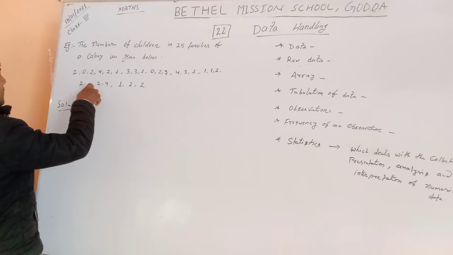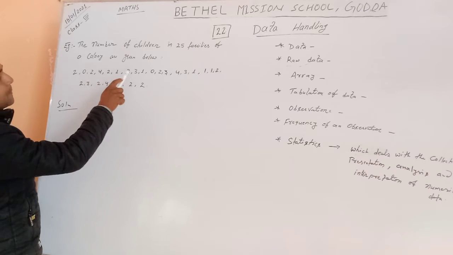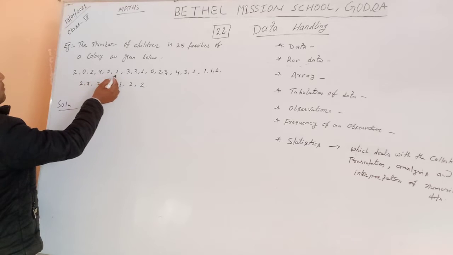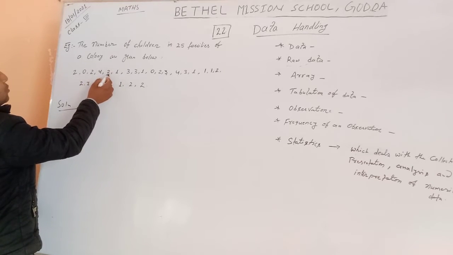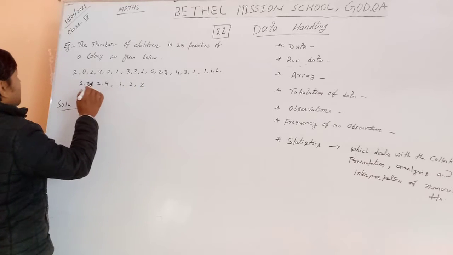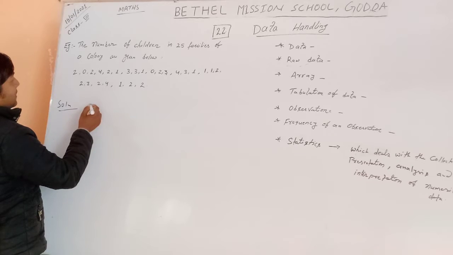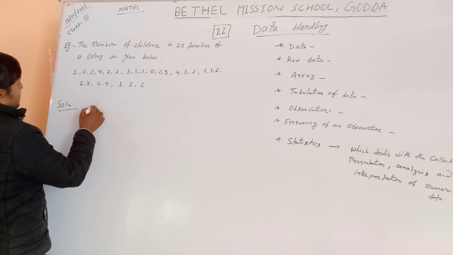So what observations do you get here? Each family has some number of children. That is 0, 1, 2, 3, 4. The maximum number of children is 4 here.